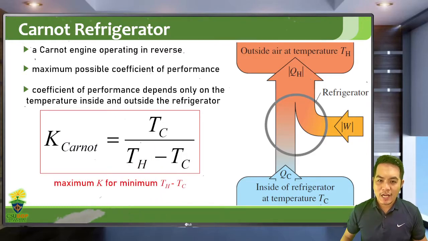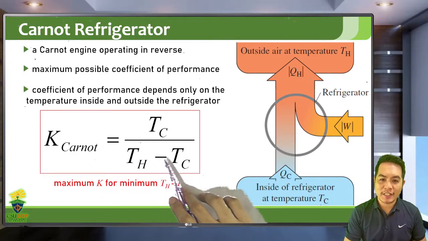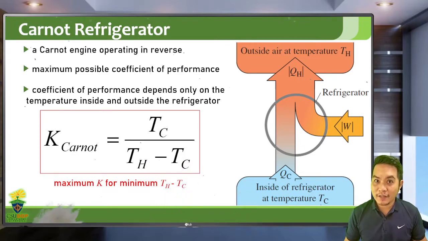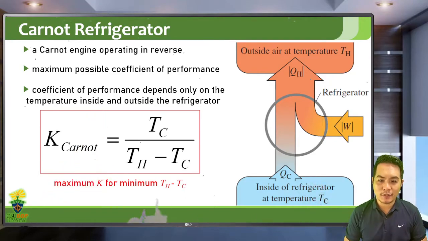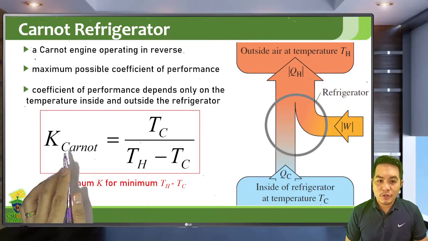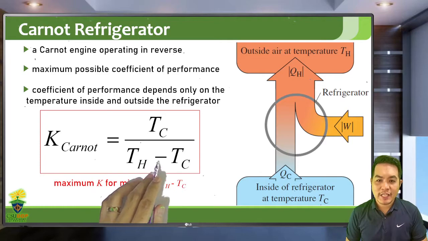In contrast to the efficiency of a Carnot engine, where maximizing the temperature difference between TH and TC gives a higher efficiency engine, for a Carnot refrigerator you will have a large coefficient of performance if TH minus TC is minimum.